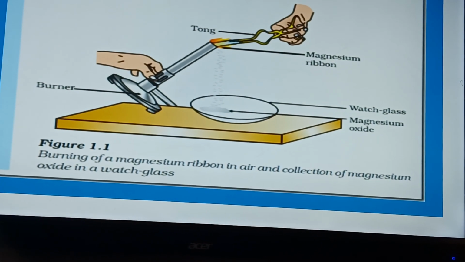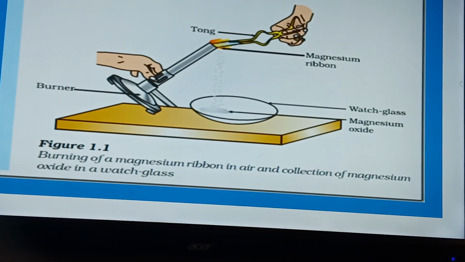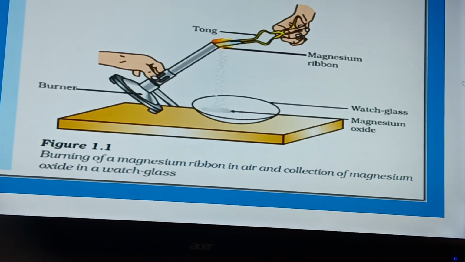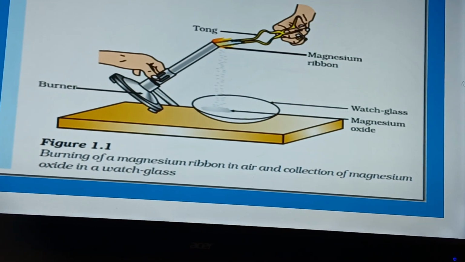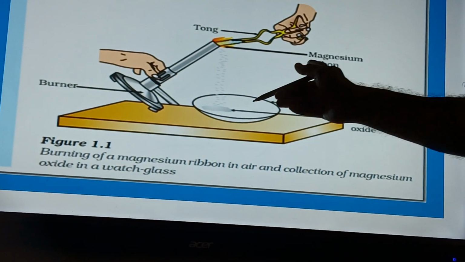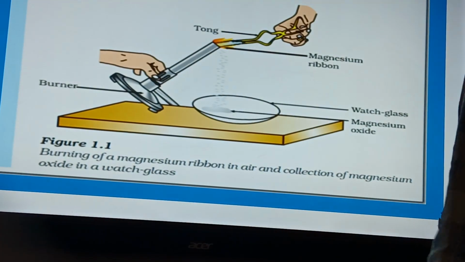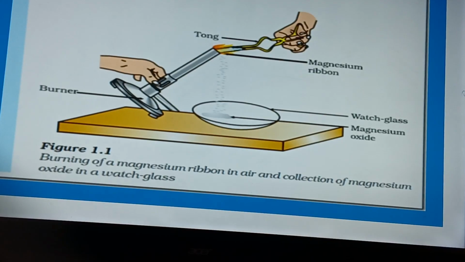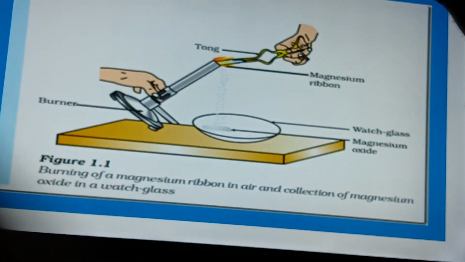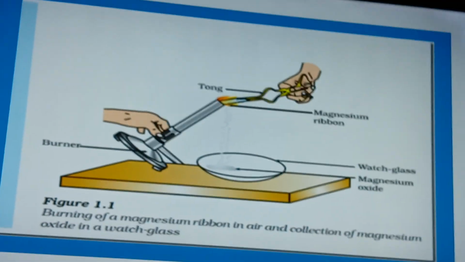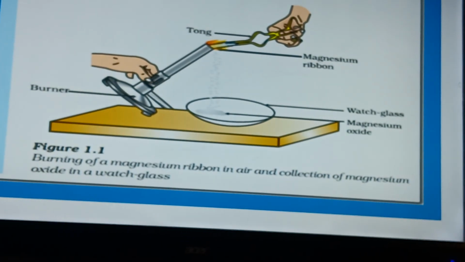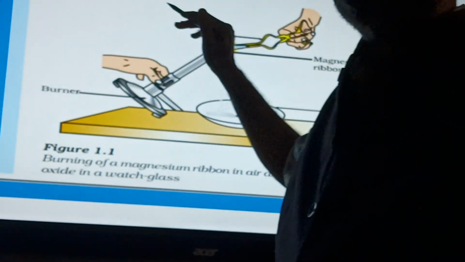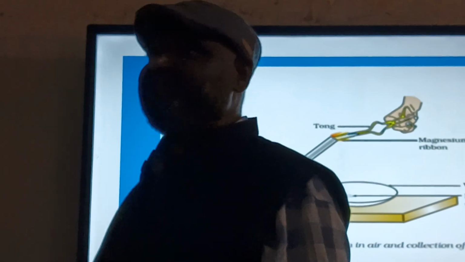Or sometimes this diagram itself is shown to you and asked, what will be your perception on seeing the diagram? Explain your view. Nothing is asked; they only show the diagram and ask you to perceive what is happening in it.